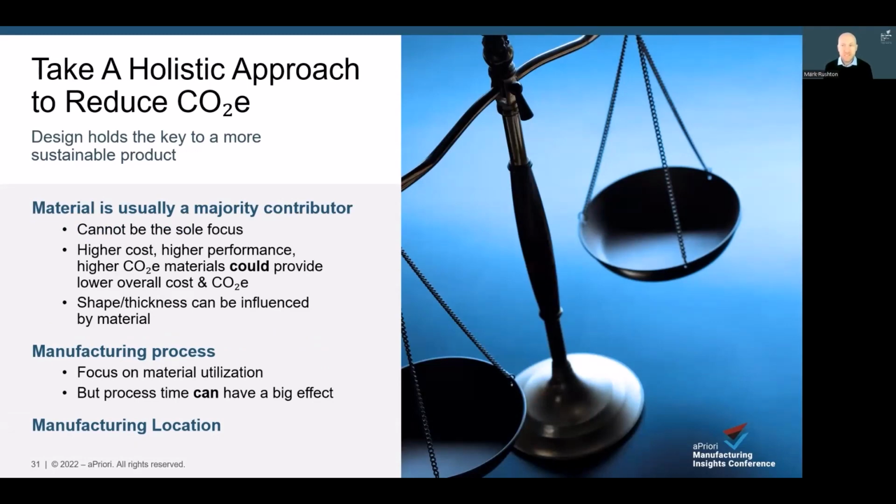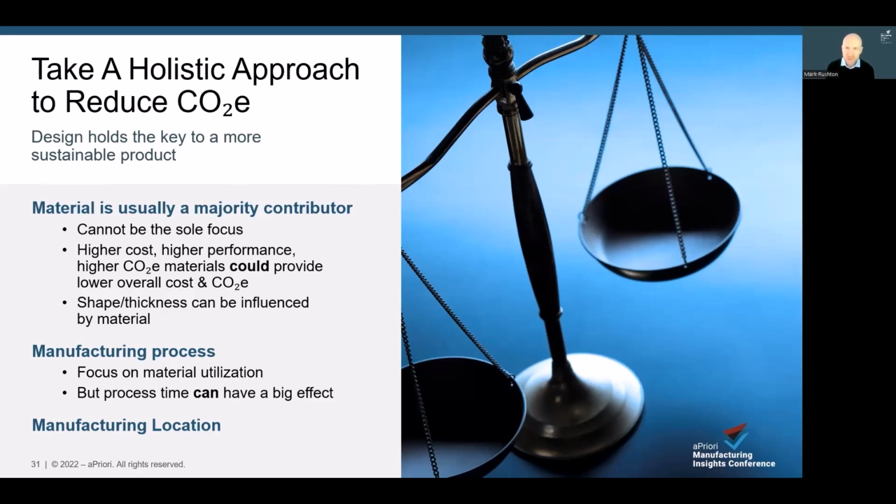Now, we know material is usually a majority contributor, but it cannot be the sole focus, because sometimes a higher cost, higher performance, higher CO2 equivalent material could actually provide us with a lower overall cost and a lower CO2 equivalent, believe it or not.